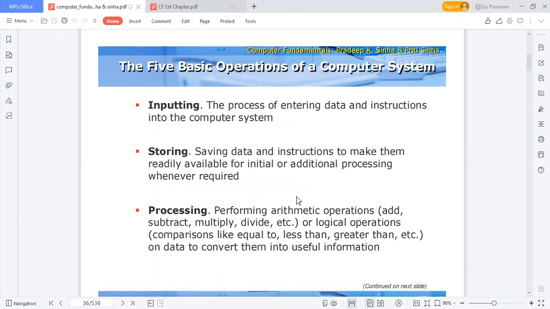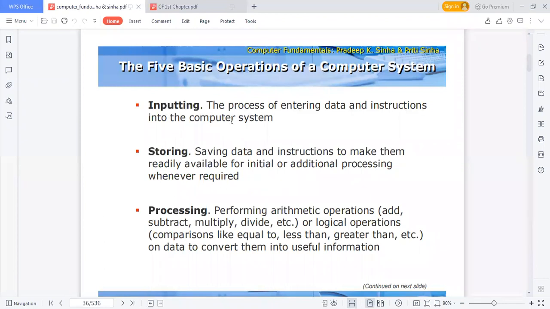So what is inputting? The five basic operations of a computer system. These are very important basic operations for any computer system. First of all, inputting: the process of entering data and instructions into the computer system. First of all, you have to input the instructions with a keyboard, a mouse, or other external devices.